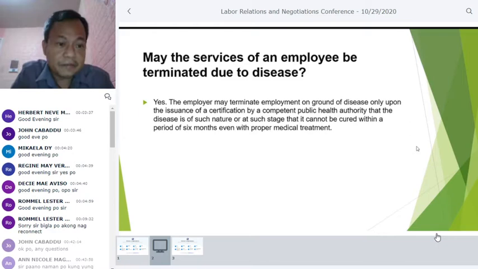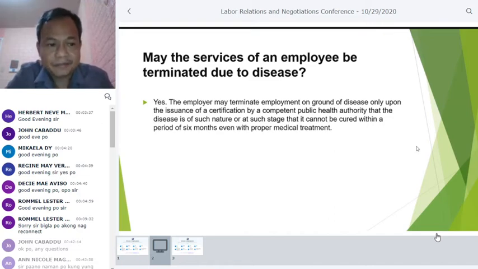So ngayon, alam naman natin na because of medical treatment, napakabilis lang na ma-cure na ngayon kahit na positive sa COVID-19 si employee. Meaning, it is my observation that the employee should not be terminated kung meron siyang COVID-19.